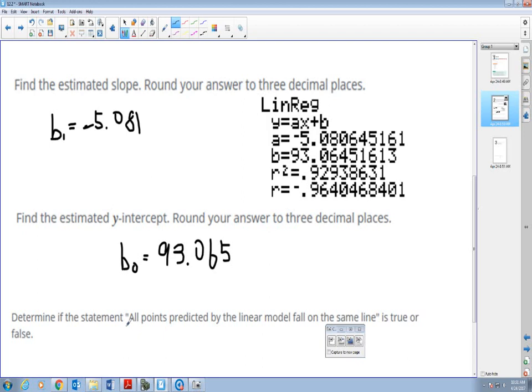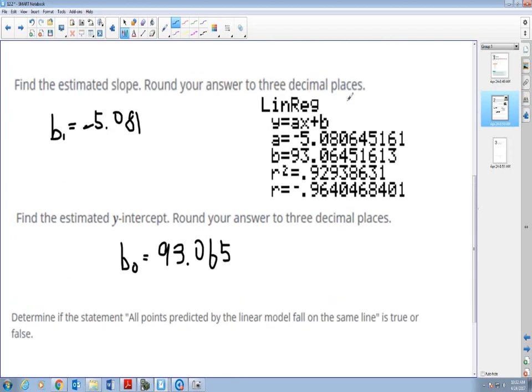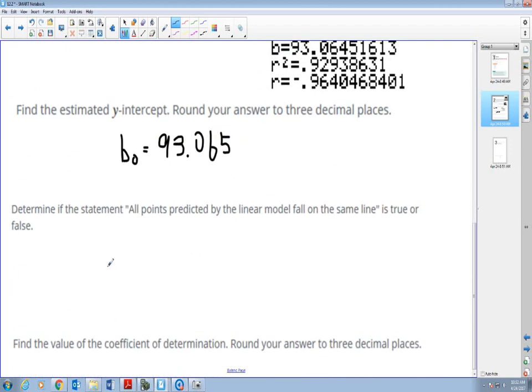Determine if the statement "all points predicted by the linear model fall on the same line" is true or not true. That's kind of a strange question. So why don't we draw the scatter plot? That's the key word, predicted.